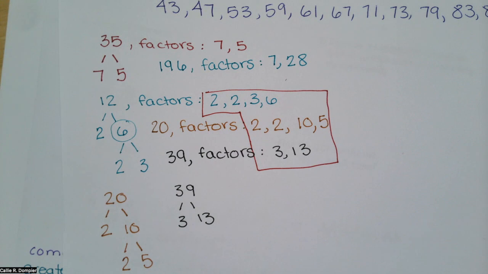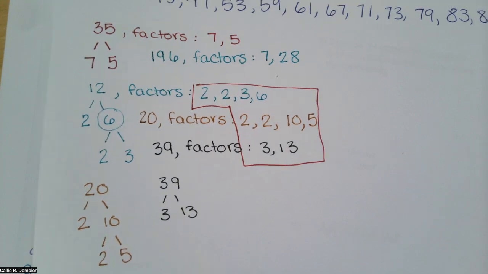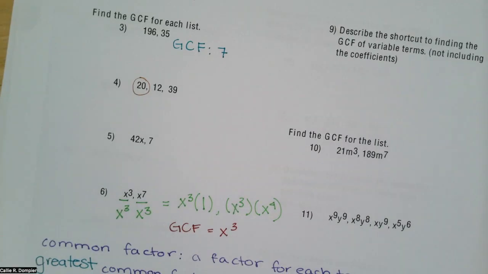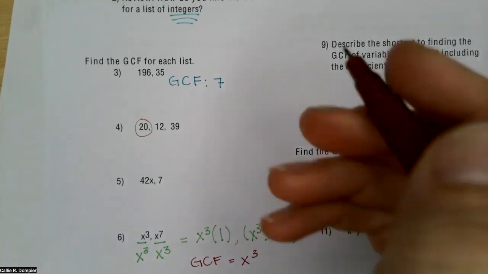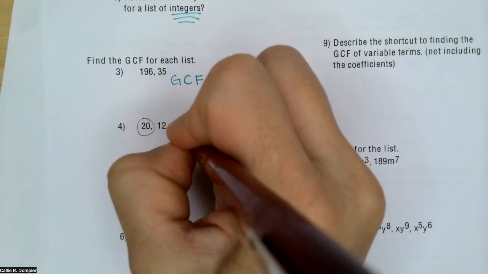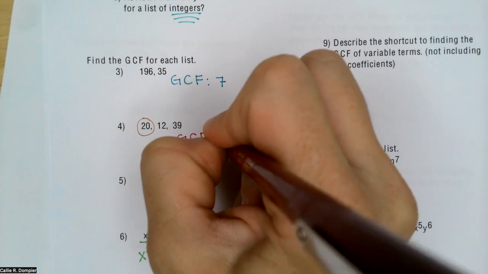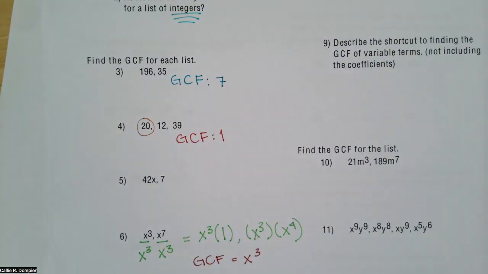So we have to say that there is no greatest common factor, or you could say the greatest common factor is 1. You can divide 20 by 1, you can divide 12 by 1, you can divide 39 by 1.